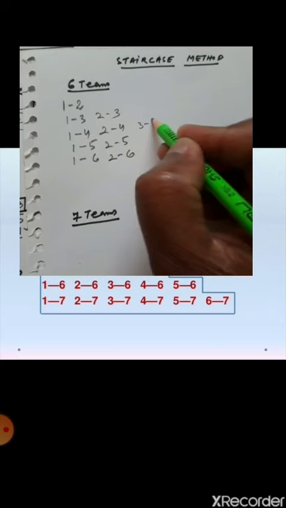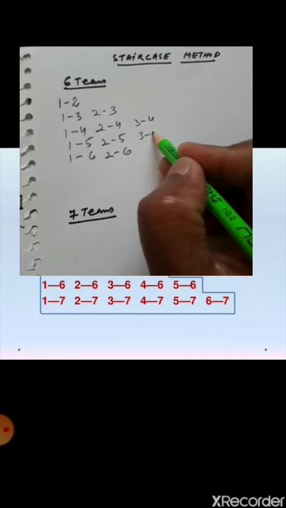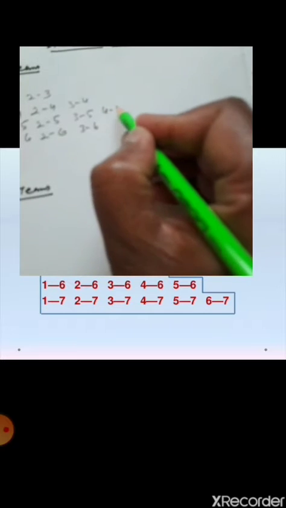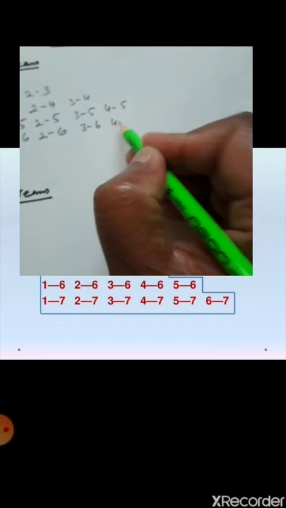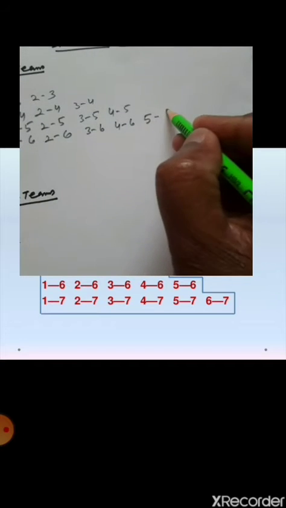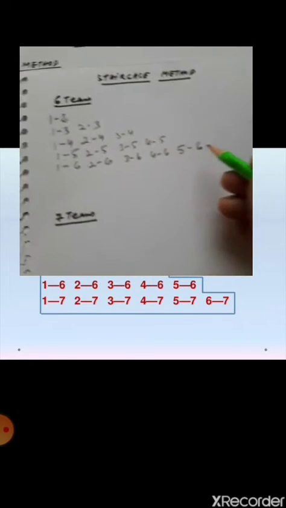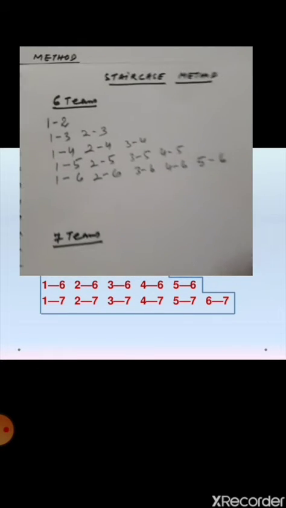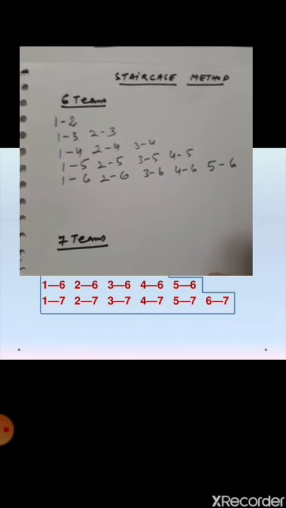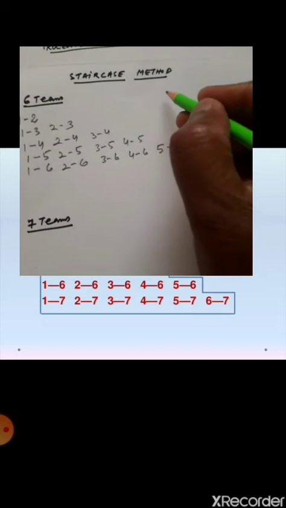Then 3 will play with 4, 3 will play with 5, 3 will play with 6, 4 will play with 5, 4 will play with 6, and 5 will play with 6. So now 6 teams were there, so every team will play 5 matches.